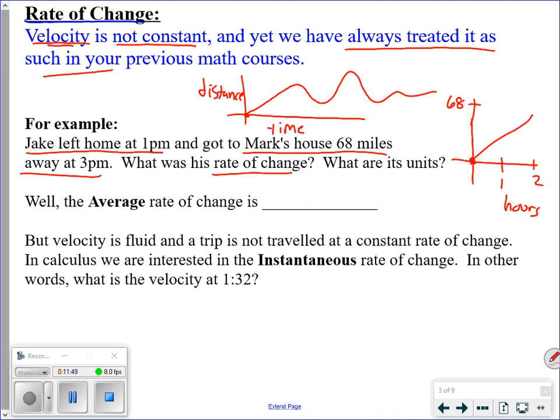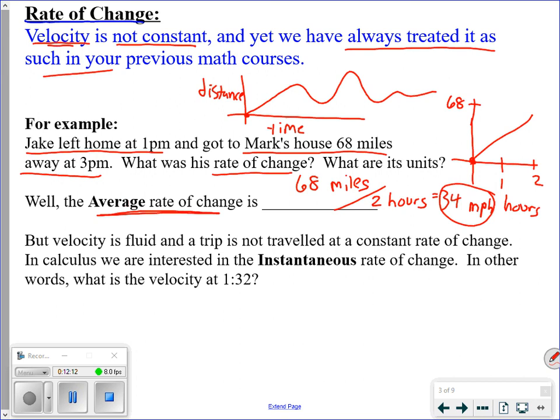If I am, the average rate of change is just 68 miles divided by 2 hours, which is 34 miles per hour.